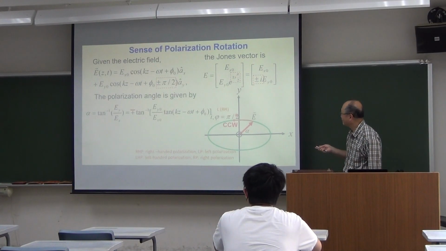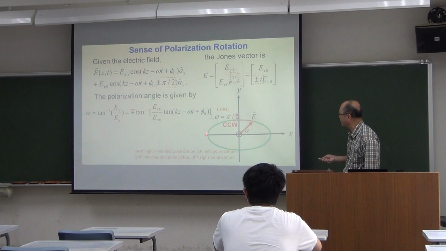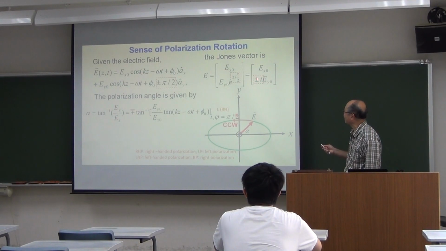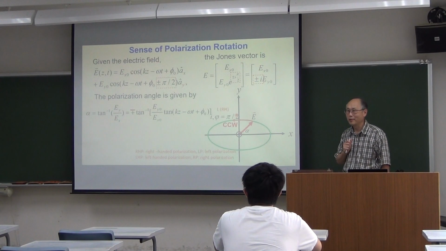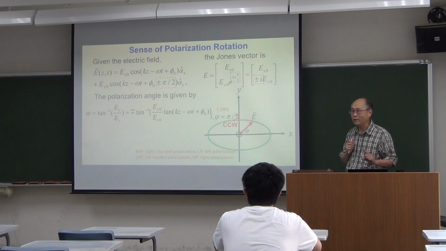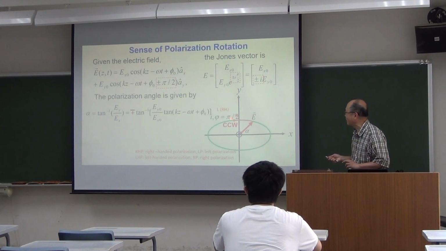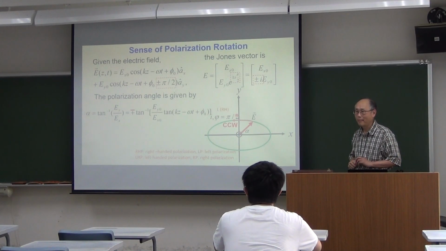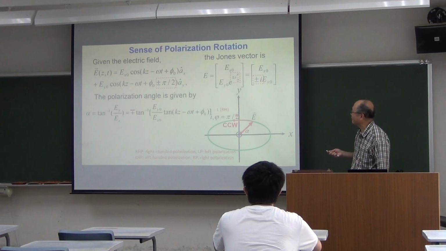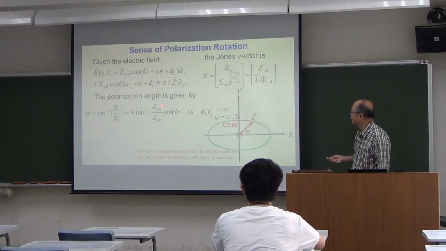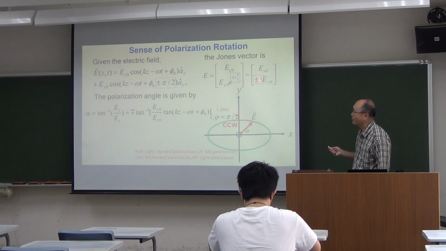All right, so now that we know this electric field is going counterclockwise, let's make a connection with this I. Well, apparently I adopted this plus sign in front of this I. So in the future, when you adopt the I notation and have a plus sign, then you understand that the rotation of the electric field is going to be along the counterclockwise direction. Okay, so this is how you make a connection between the sense of rotation and the sign before this I.